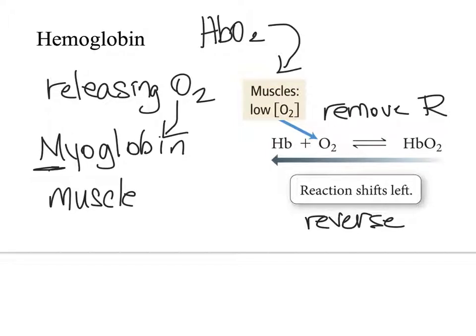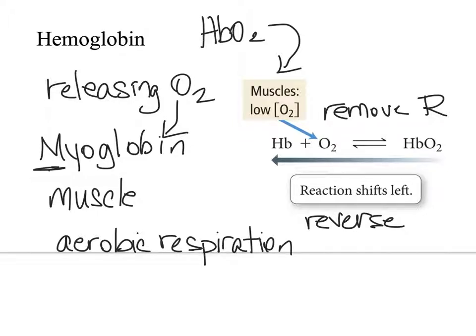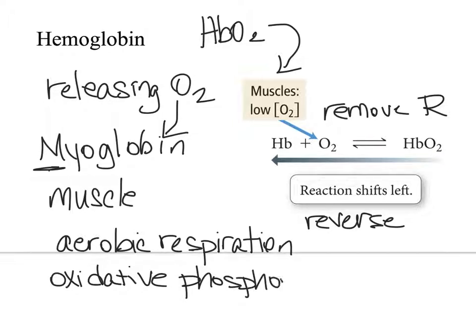And so the oxygen is now available for the muscles when they need to go through aerobic respiration, more specifically, oxidative phosphorylation, which you'll learn more about in biochemistry.